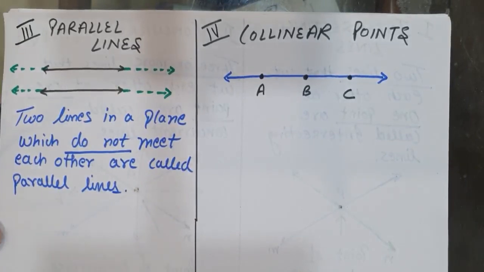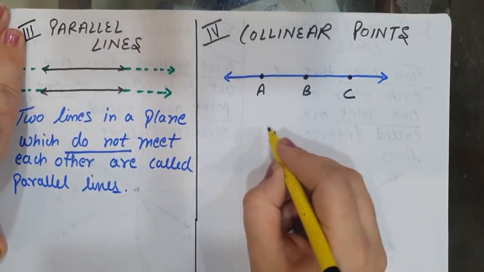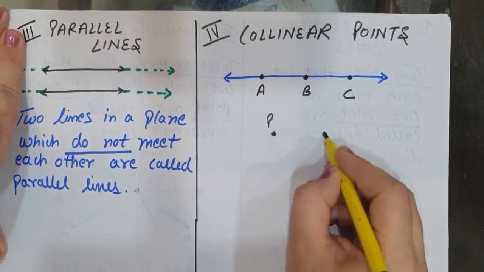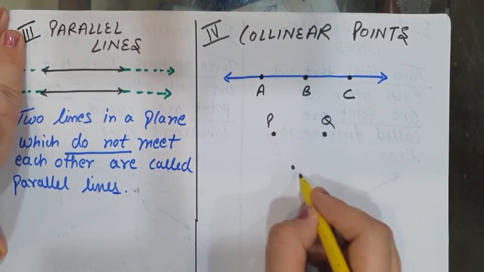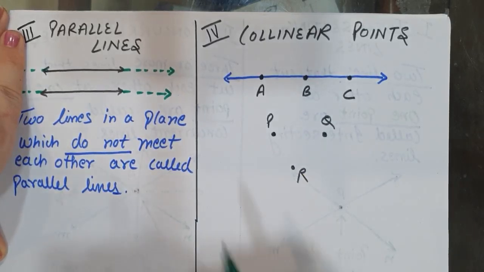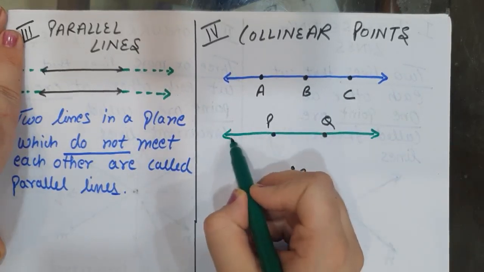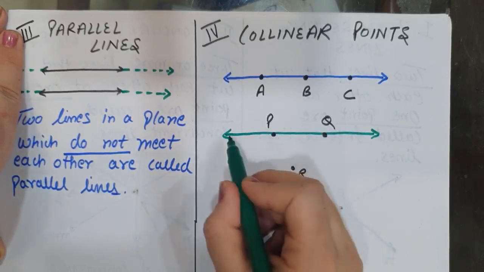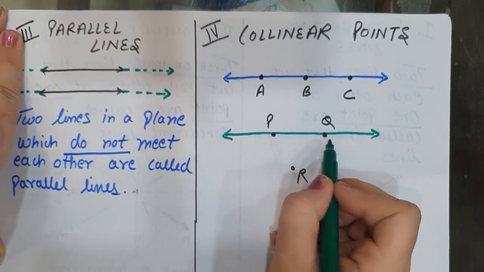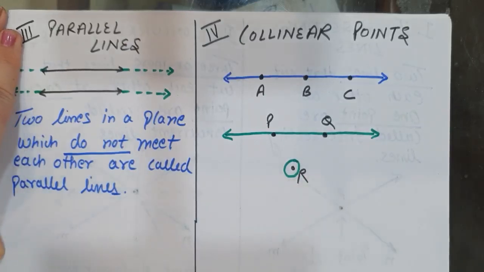In the same way, if we are given another 3 points, say suppose this is point P, this is point Q, and this is point R. Now, if I try to draw a line passing through all the given points, is it possible? No. I can see I am able to draw a line which is passing through 2 given points, but point R is left out in the figure.